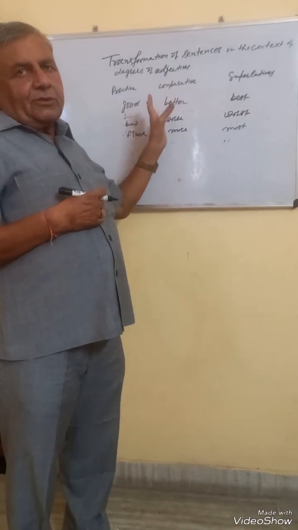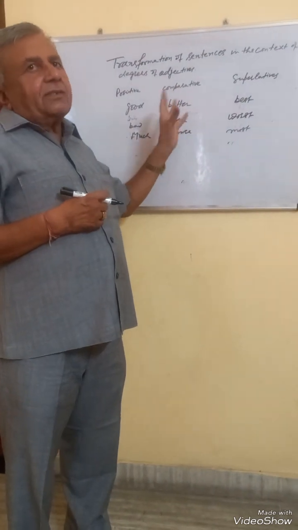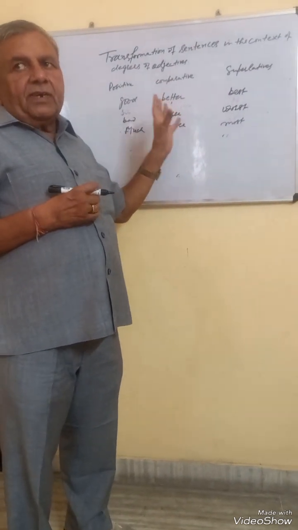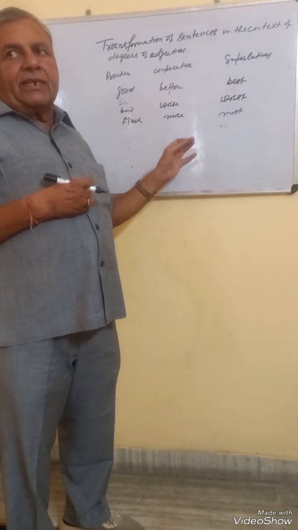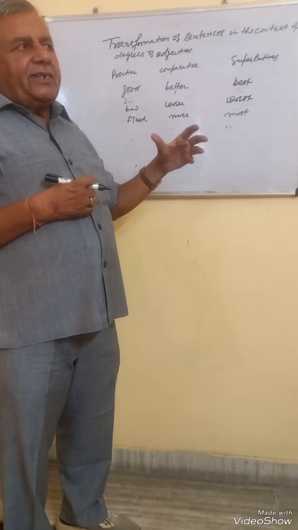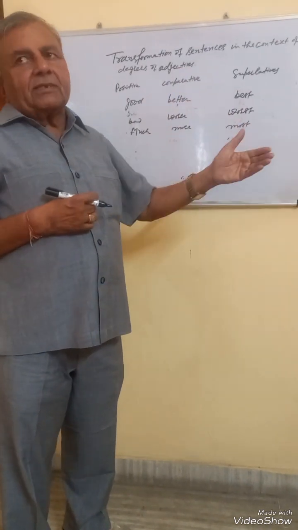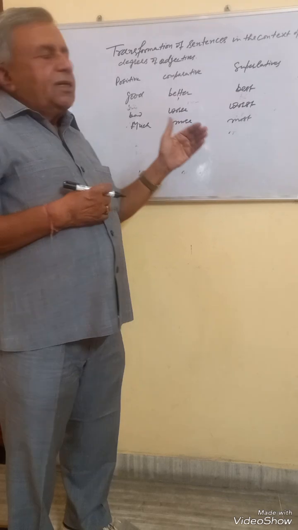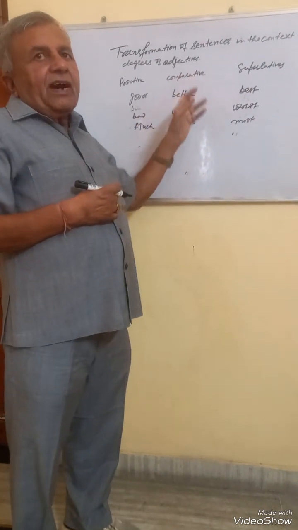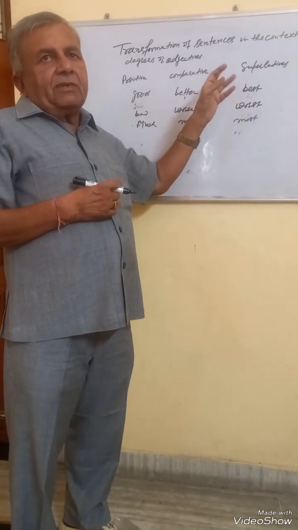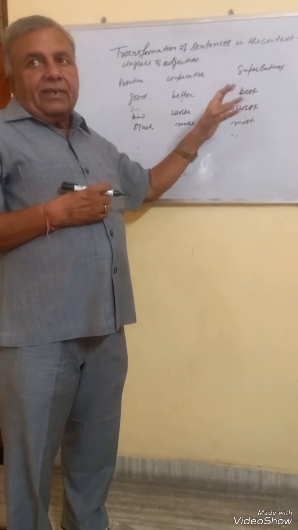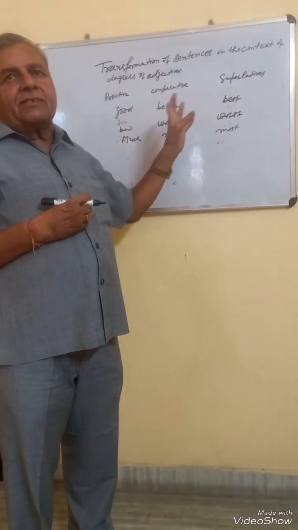But this is partly true. It depends upon the construction of the sentence. We can use even positive degree for making comparison between more than three persons. We can use comparative degree for making comparison between more than three persons. It depends upon how the sentence is framed.